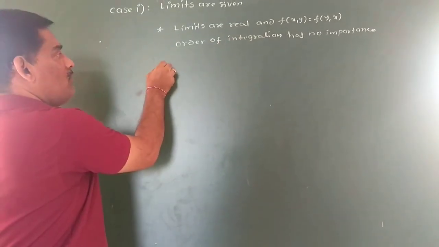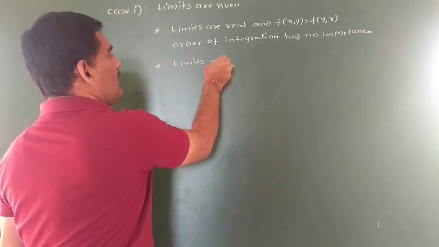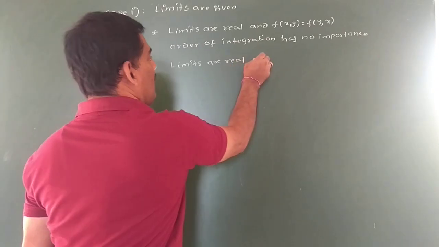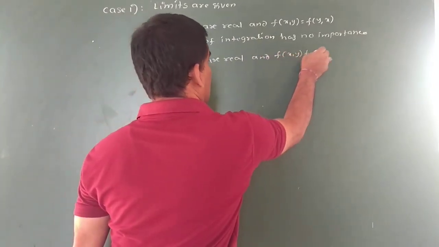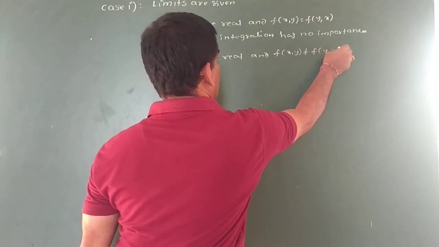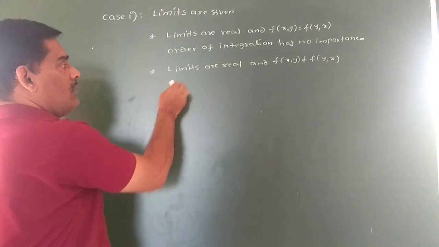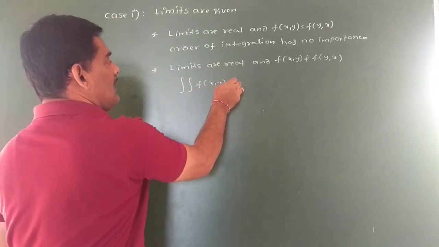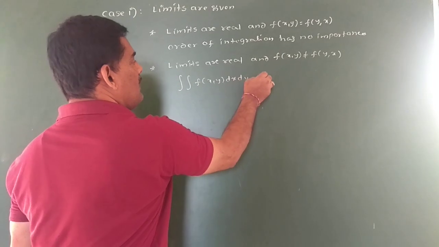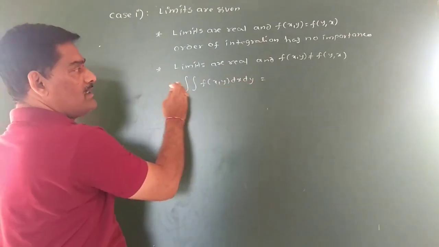I am going to take one more. If the limits are real and f of x comma y is not equal to f of y comma x, if that condition is satisfied, then for the double integral of f of x comma y dx dy, the meaning is that you just reverse it.